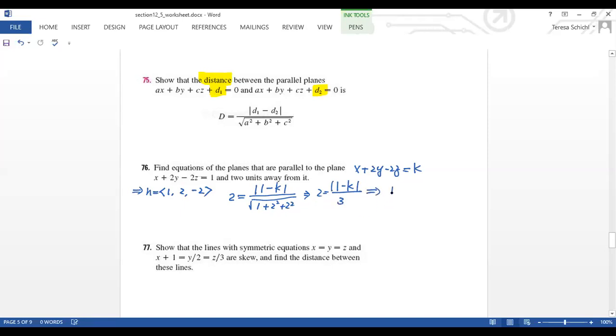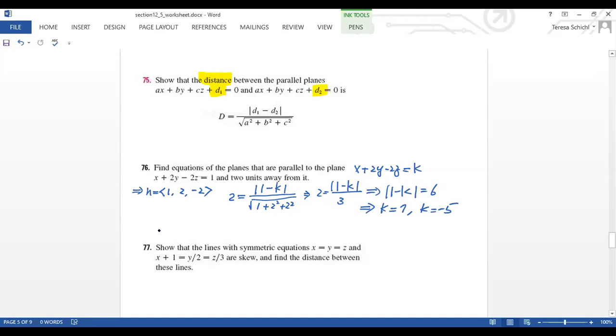So |1 minus k| equals 6. Solving the absolute value, k equal to 7 will work, or k equal to negative 5.